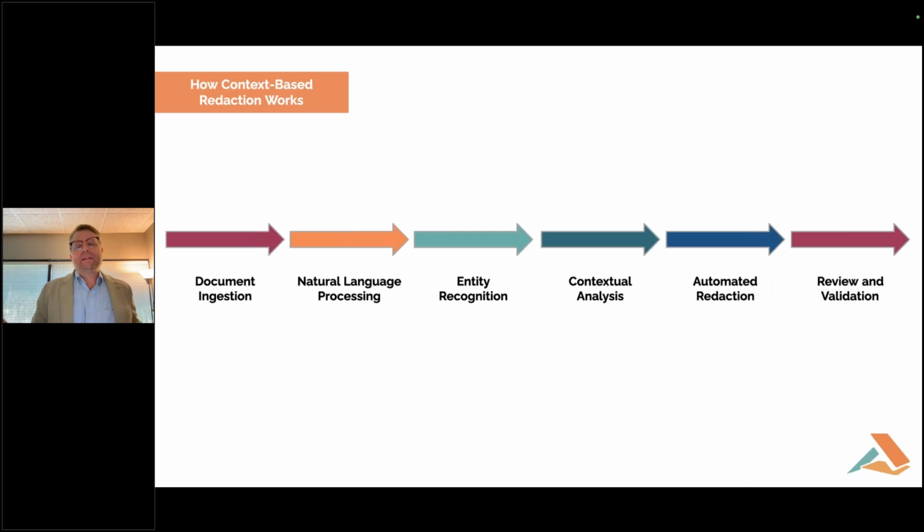So there's quite a lot going on in the background, right? But when you talk about AI and automation, this tends to happen fairly fast. Depending on the size of the document, the processing can take longer, but it always starts with ingestion. So you bring in the document.